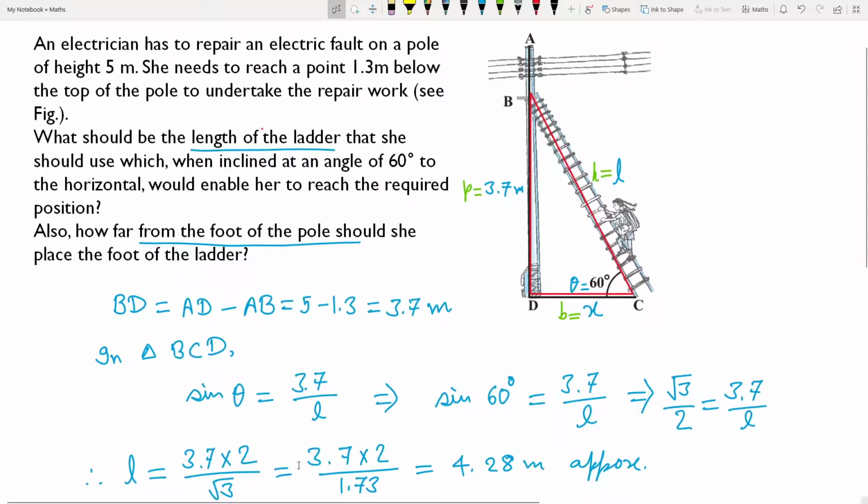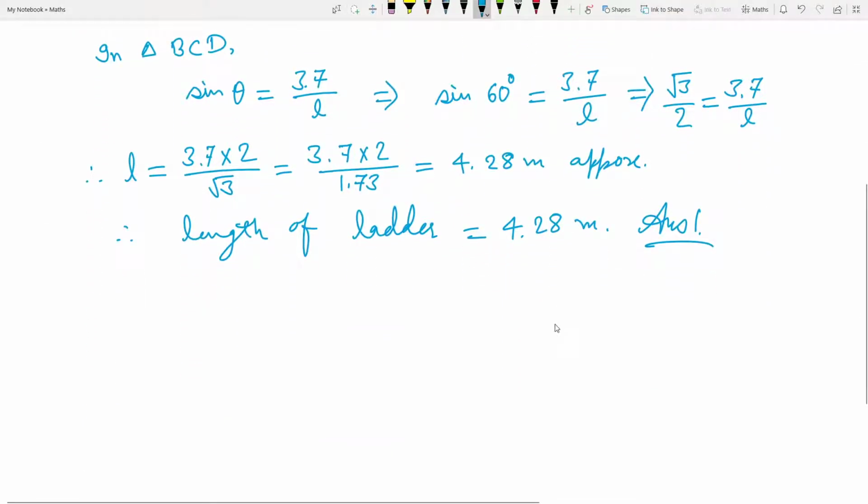Further, to get the distance of foot of ladder from foot of the pole, we will be considering this with perpendicular and base. Perpendicular and base make tan theta.